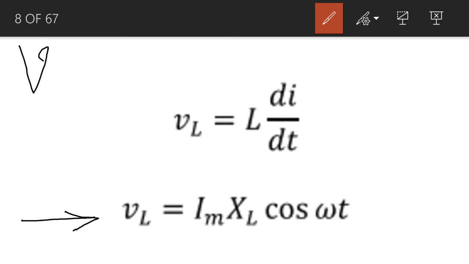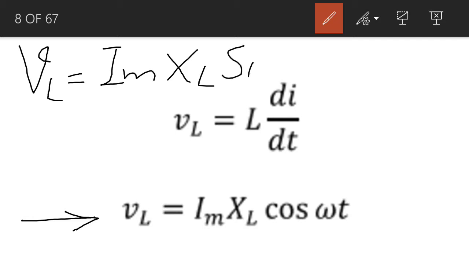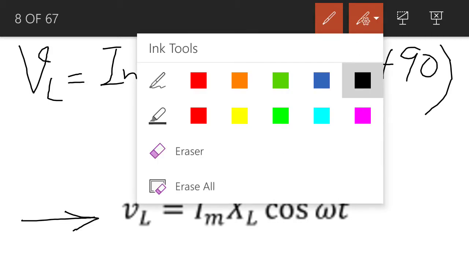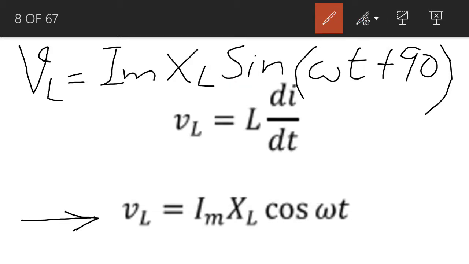The voltage across the inductor is equal to Im into XL, and this quantity represents the maximum value of this AC voltage, and then we have sine of omega t plus 90. So we can write down this equation in this form as well.